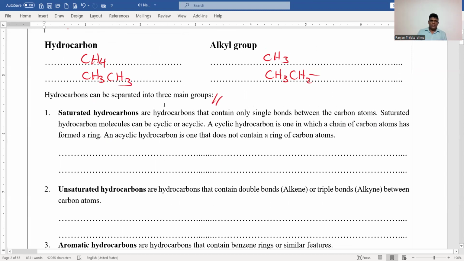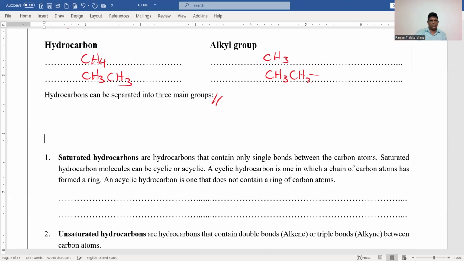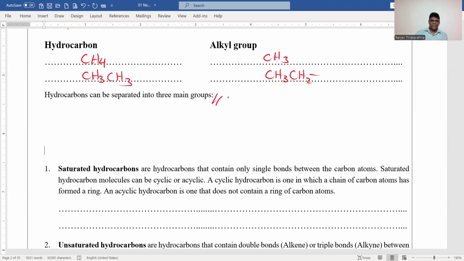Before that, I'm asking you a question. Say you have a cup of tea, and you add sugar to that. Say you have a teaspoon like this.